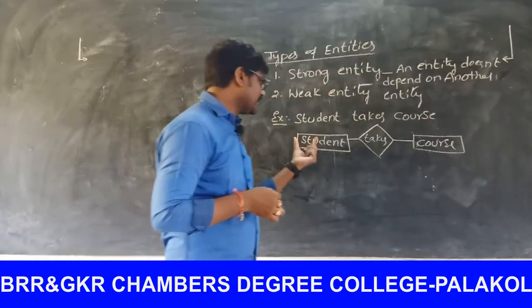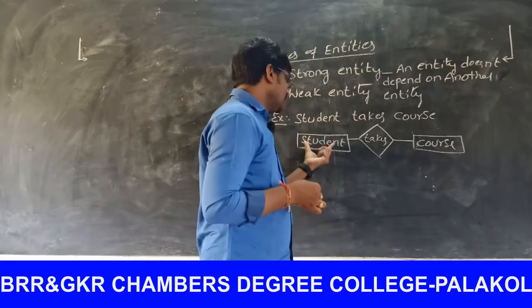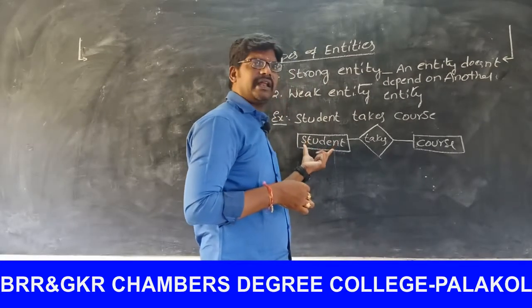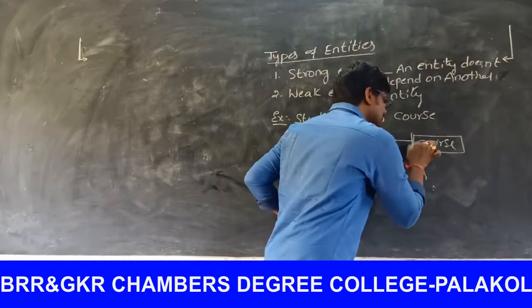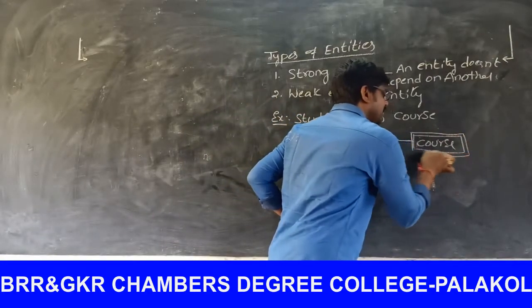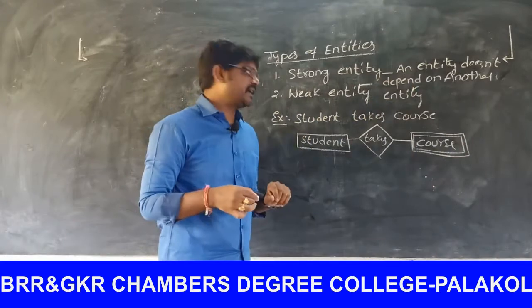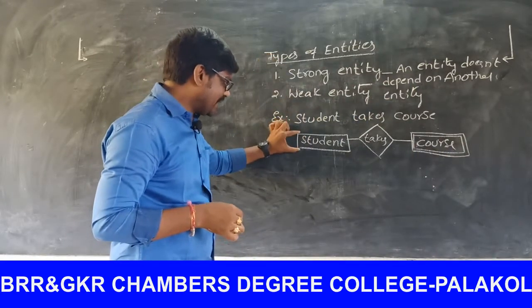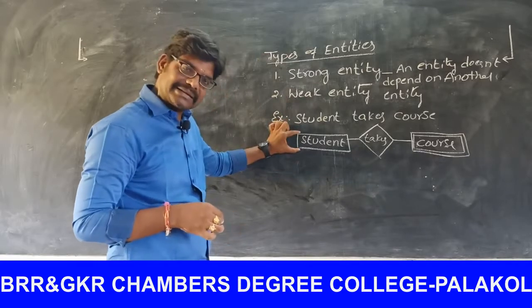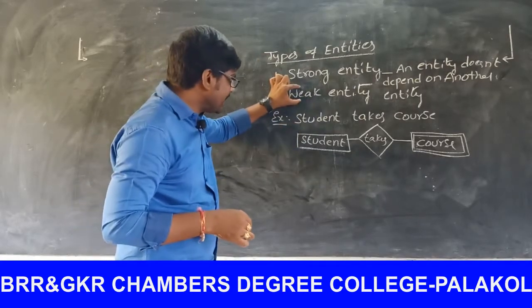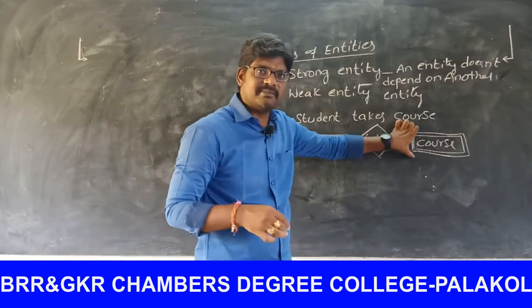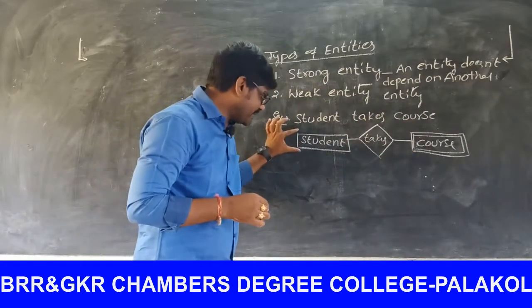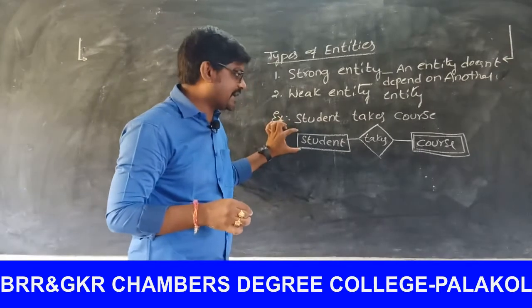So here student is the strong entity and course is the weak entity. The strong entity can be represented by the symbol single rectangle.